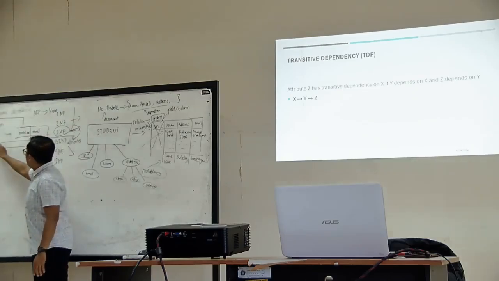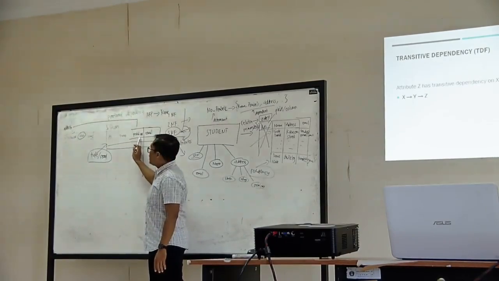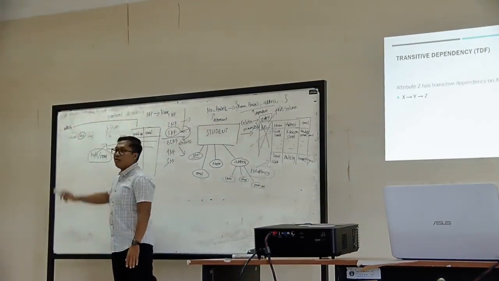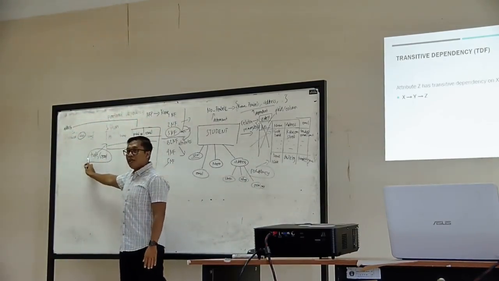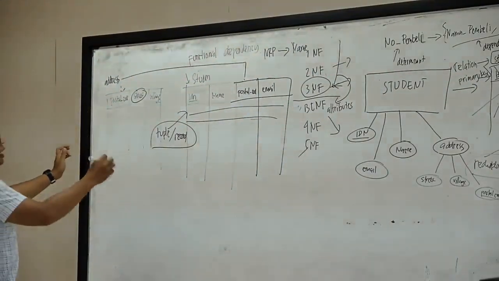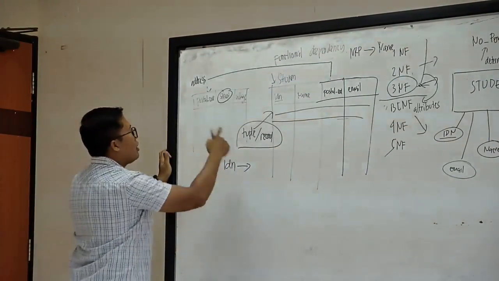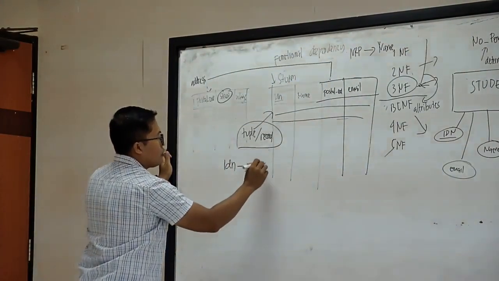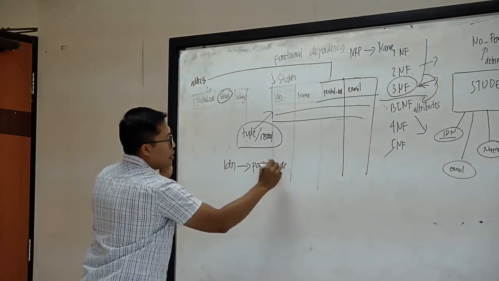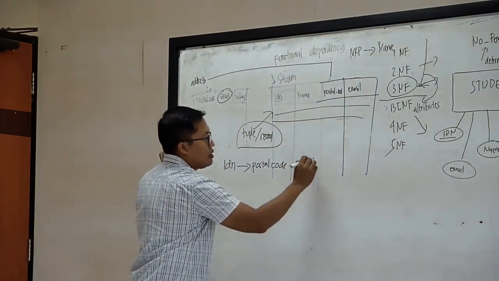IDN maybe affecting and determining the post output, determining the street or the village maybe. So we can create a notation like this. IDN will determine the post output, and that post output will determine the village.